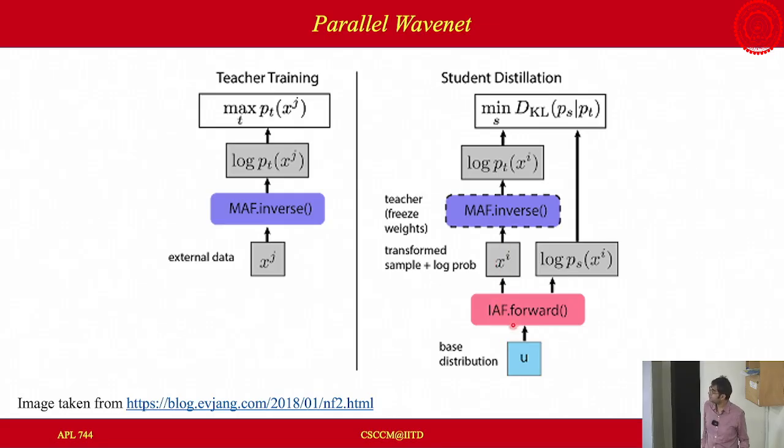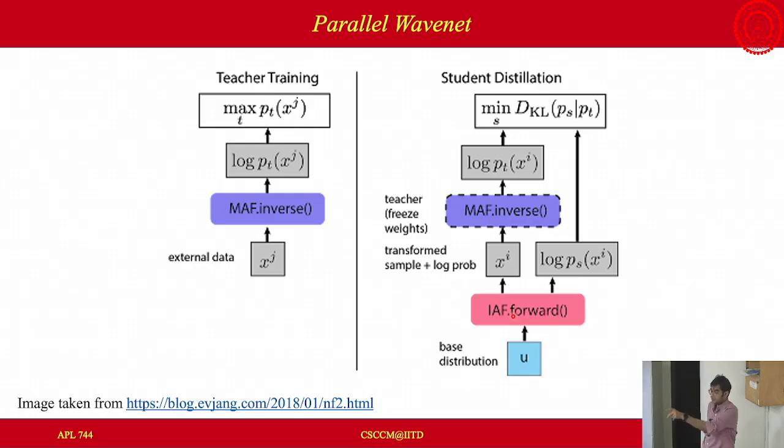Because if you remember, IAF backward is expensive, right? And MAF forward is expensive. So now look at it. There is no MAF forward or IAF inverse.